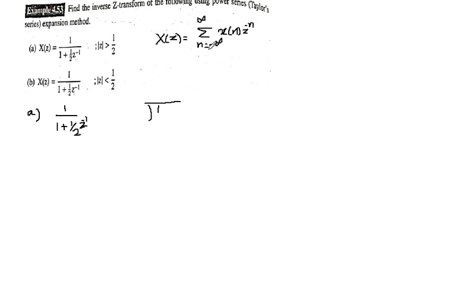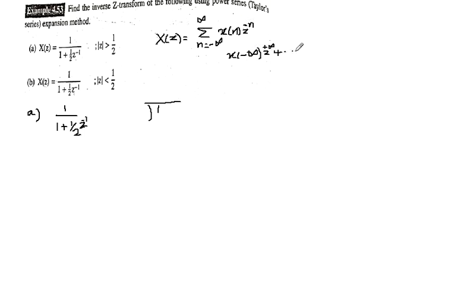And if it is right-handed, now when we expand this, we go on getting the terms starting from when n is minus infinity, so x of minus infinity, Z raised to minus of minus infinity, which will make it positive infinity, and so on.